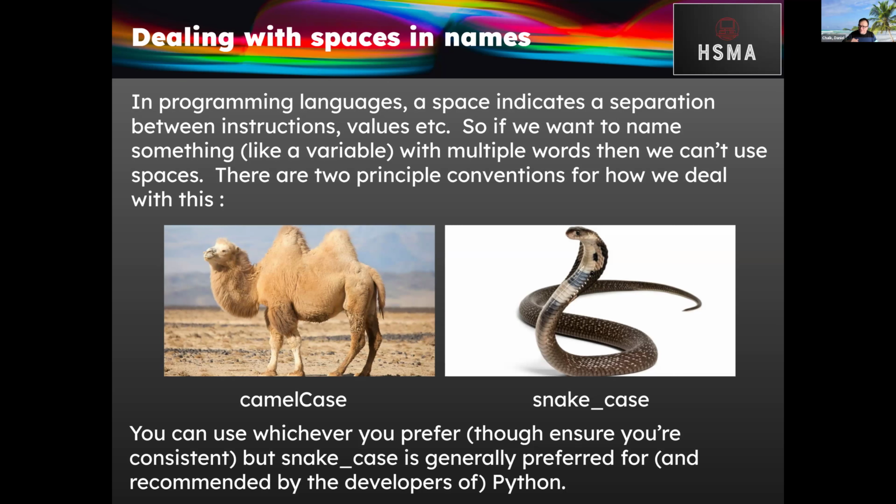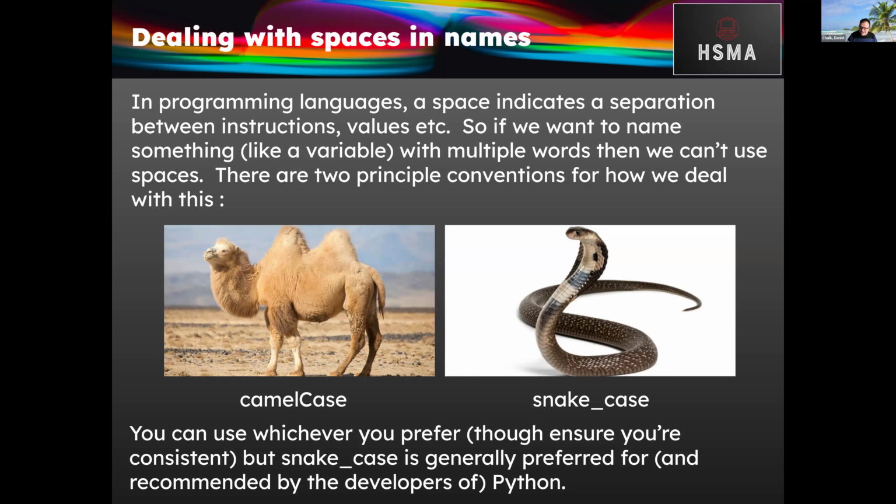So if we want to create the name of a variable, which we can name pretty much whatever we like, and very often that variable name will have more than one word, because single words aren't often enough, we can't use spaces because the Python interpreter will see a space and think you're now talking about something else. So instead you have to adopt one of two conventions.